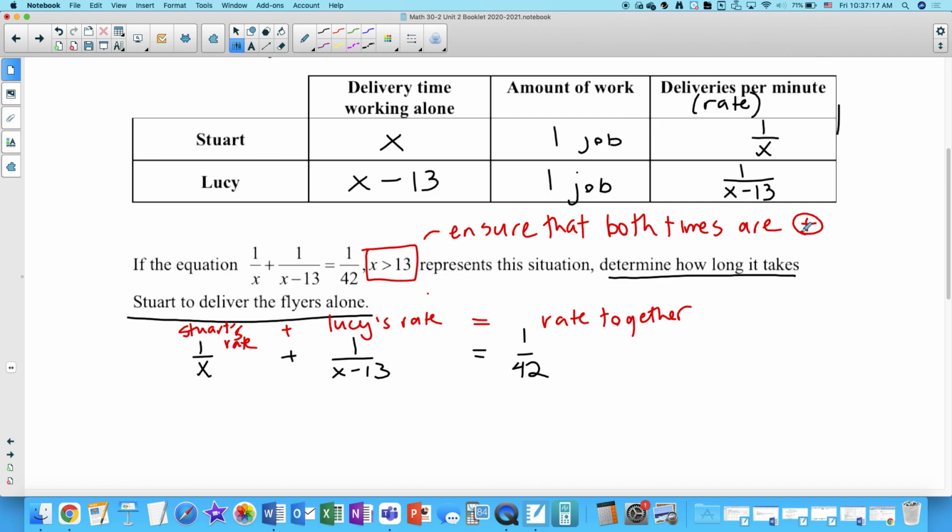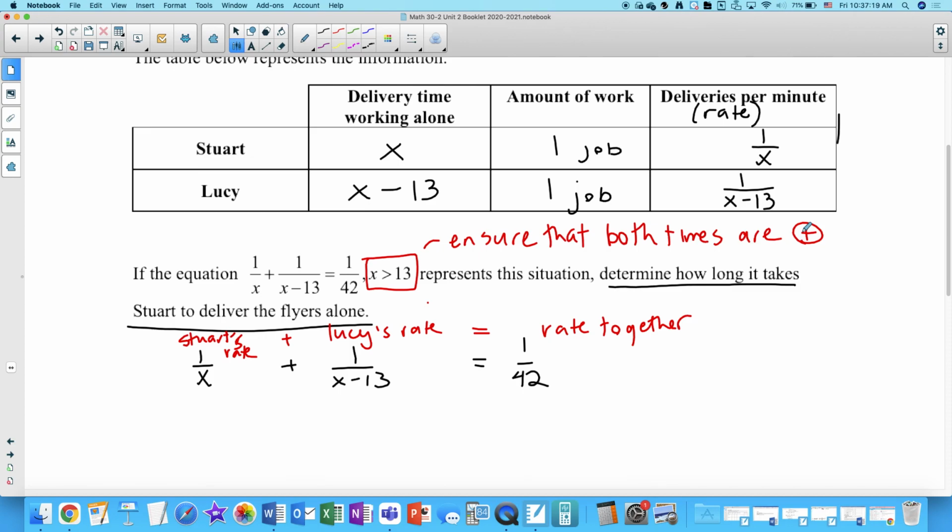Okay, so once we have the equation, all we need to do is solve it. So we need to think about this as a rational equation. With a rational equation, first thing to do is factor. Is there anything here to factor? No. Okay. Next thing is LCD. So what would the LCD in this equation be?